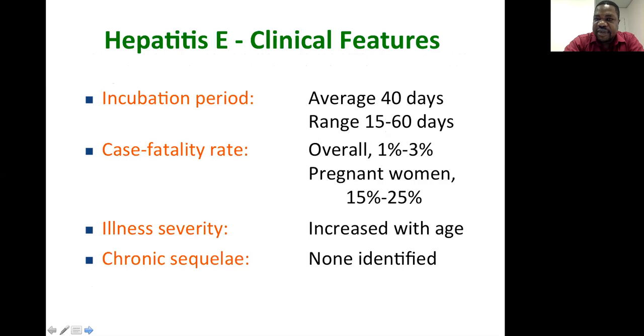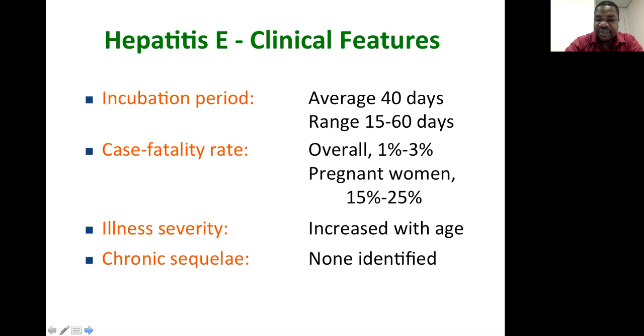In terms of clinical features of this infection, the incubation period is 40 days on average, ranging from 15 to 60 days. And the case fatality rate is between 1 to 3% in the general population, but the worst affected people can be pregnant women, where the case fatality rate can range between 15 to 25%.